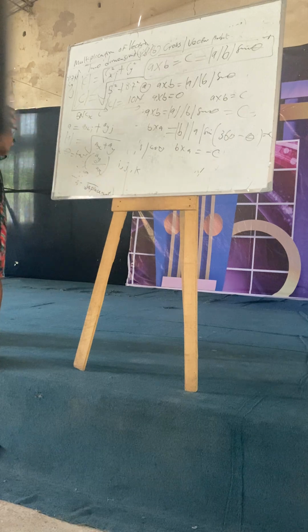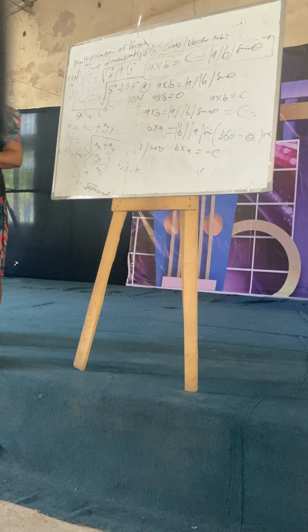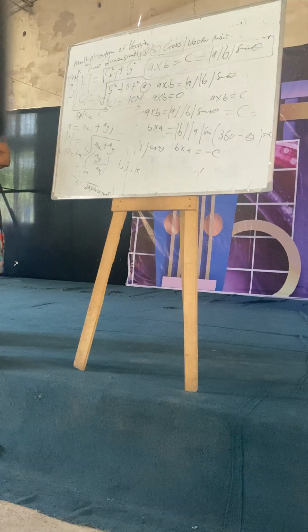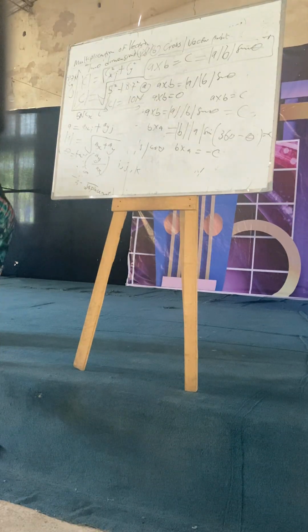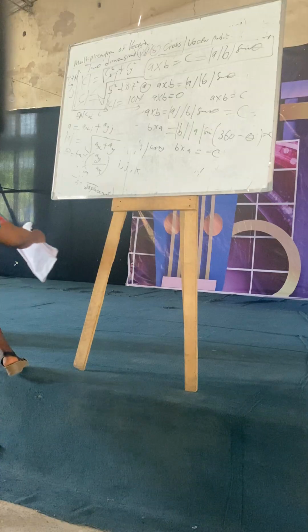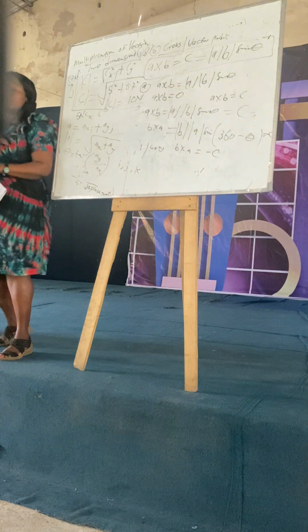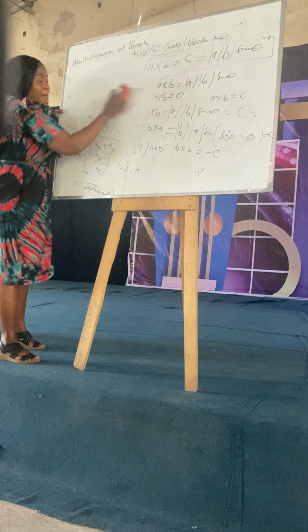Then let's now discuss vectors in 3 dimensions. We're going to talk about the unit vectors i, j, k. If you have this unit vector ijk, it's no longer going to be perpendicular.